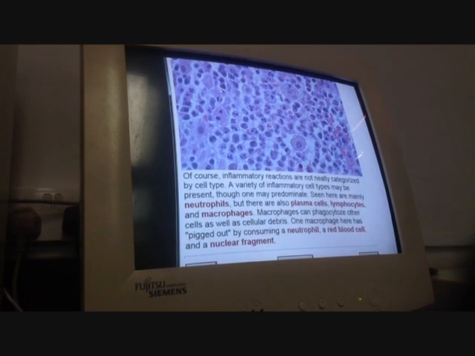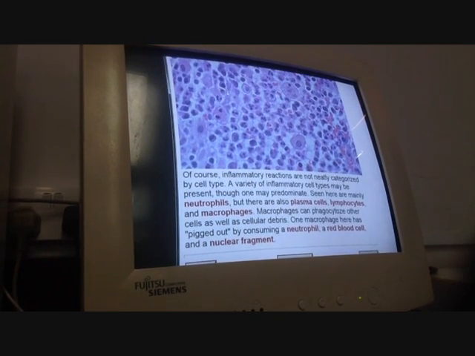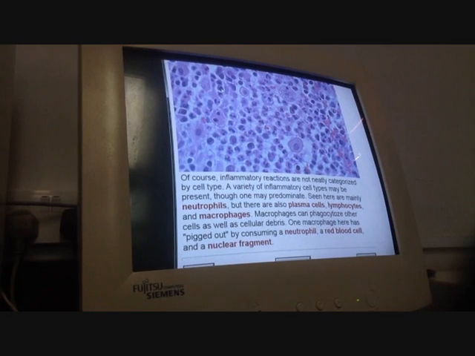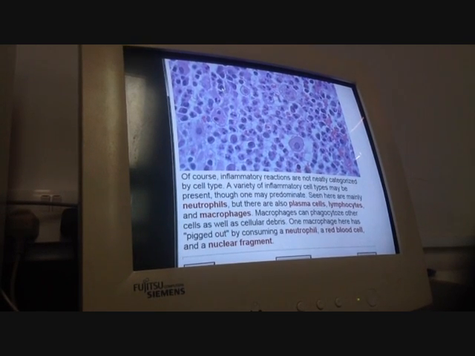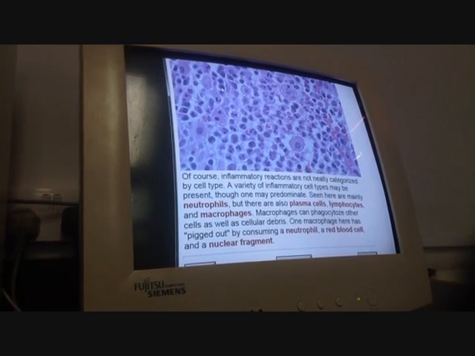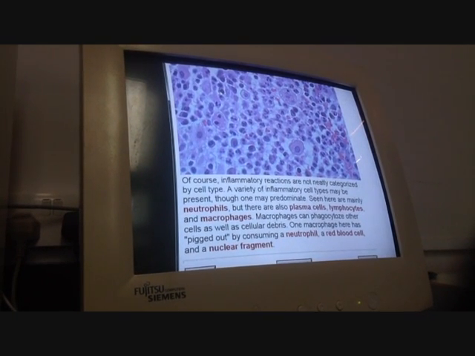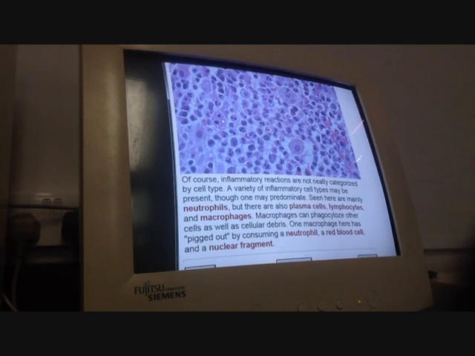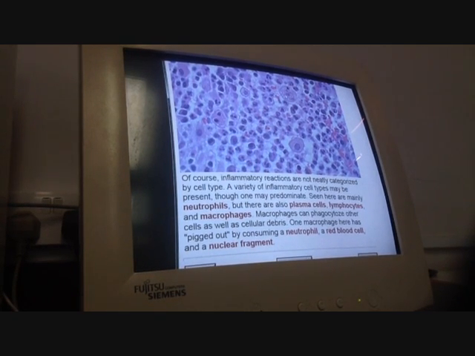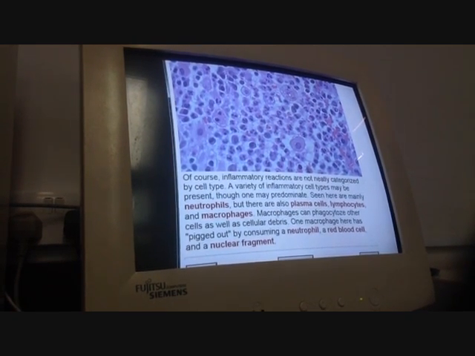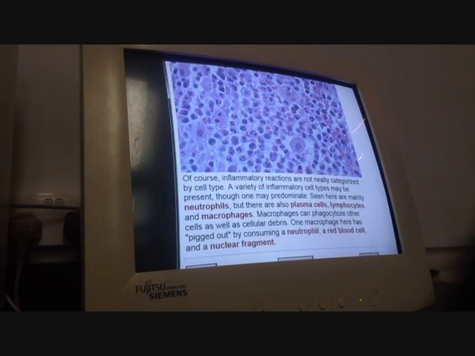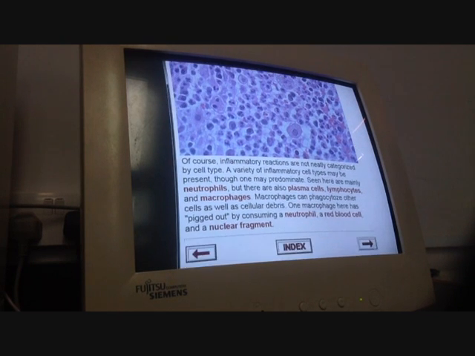The cytoplasm is more bluish, so it's basophilic. And the nucleus has a cartwheel appearance, with clumped chromatin forming a cartwheel appearance, and a perinuclear halo, an empty area around the nucleus. So it's a plasma cell. This one and this one are macrophages, larger in size, and within them you can see a neutrophil, fragmented nuclear fragments, this one, and this RBC. So it's most likely a macrophage.